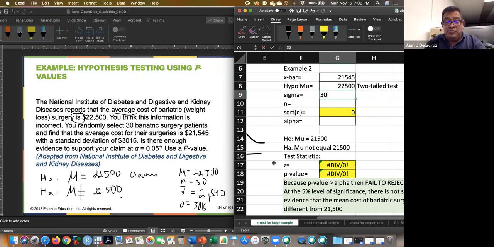Sigma is gonna be 3,015 in a sample of 30 elements. Notice that as soon as I type 30, we are going to have the Z-score. Why? Well, I already typed the formula to ask this cell to find the Z-score, and this is to find the p-value that corresponds to this score. So the Z equals the X bar minus the mu divided by sigma divided by the square root of my sample size.